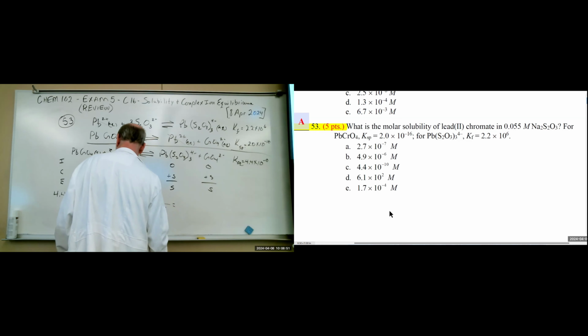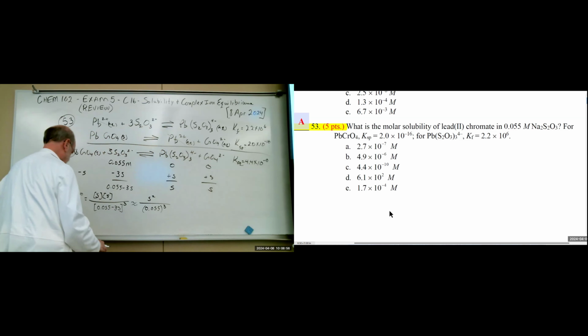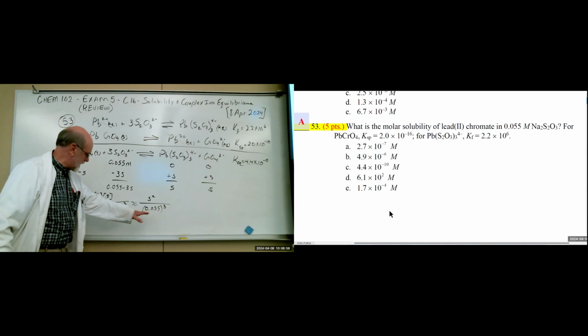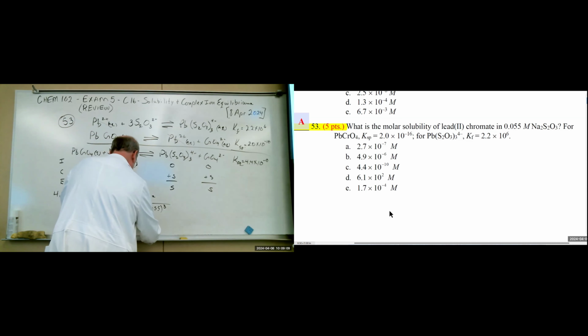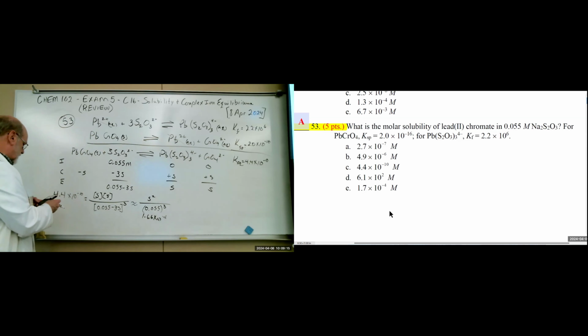All right, now we don't need to say equal here. What we need to do is cube that 0.055, which is 1.66 times 10 to the minus 4, and we're going to divide that into this value.